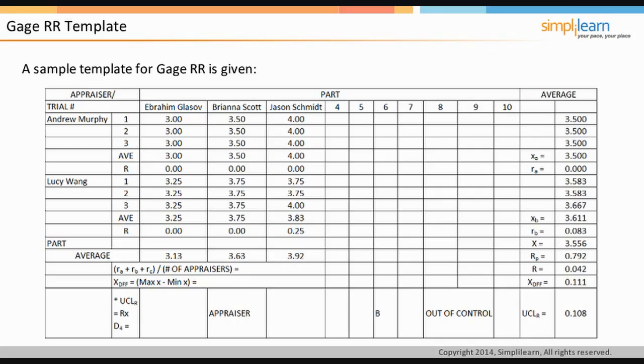In this example, a control limit, UCL, in the sheet was compared with the difference in averages of the 2 inspectors to identify if there is a significant difference in their measurements. Their difference is 0.111, which is outside the UCL of 0.108, given the R average of 0.042. In the next screen, we will look at the results page for this GRR study.